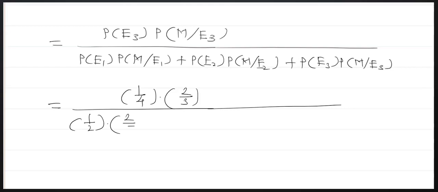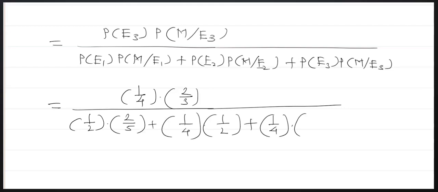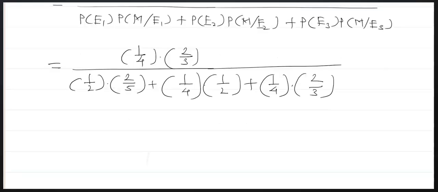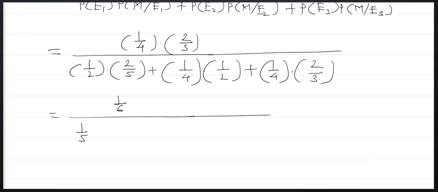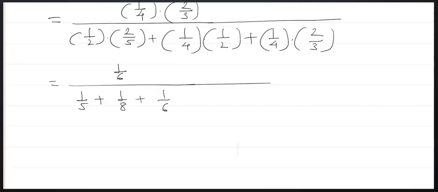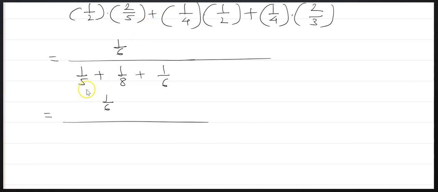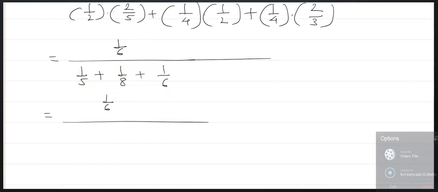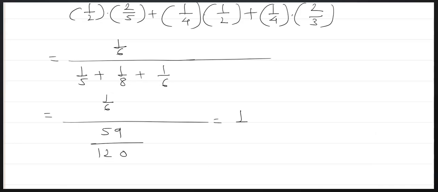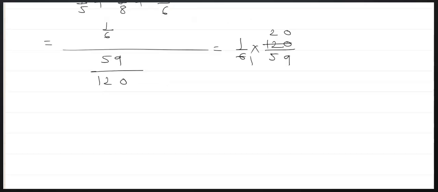Then you will get 1 upon 2 into 2 by 5 plus 1 by 4 into 1 upon 2, 1 by 4 into 2 by 3, and see the calculation. 1 by 6 upon 1 by 5 plus 1 by 6. That is equals to 1 by 6 into 120 upon 59. That is 20 upon 59.